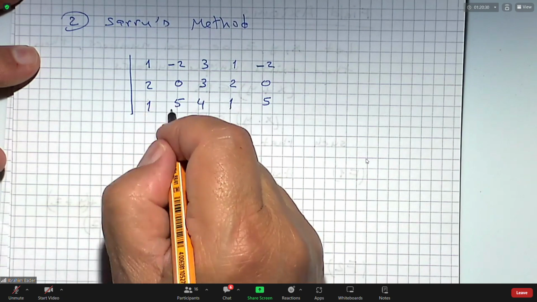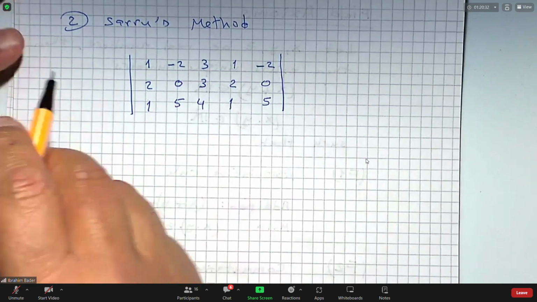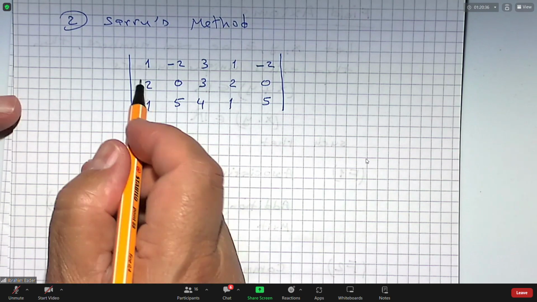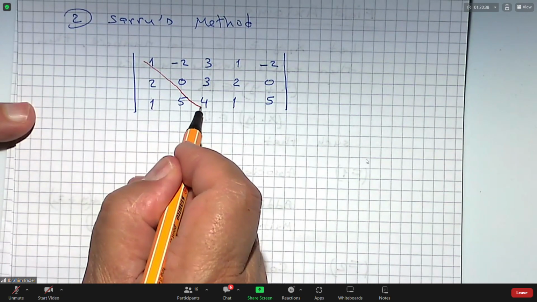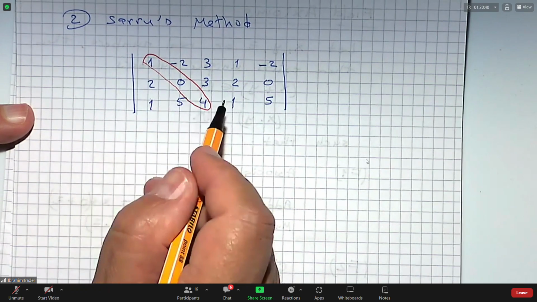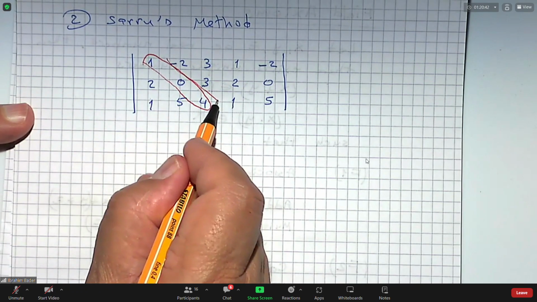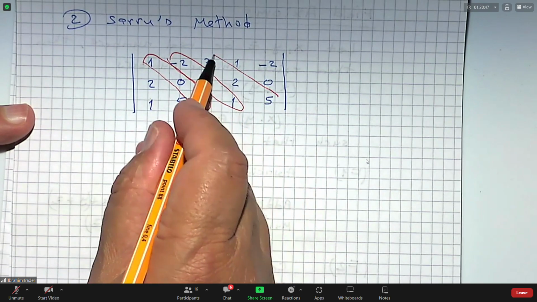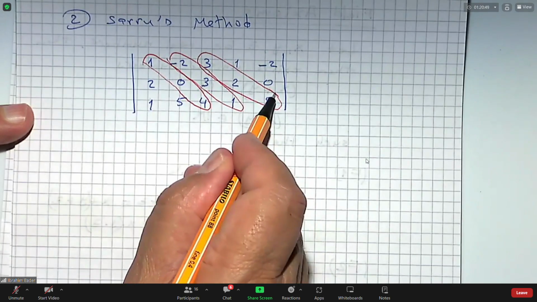This column and that column. Okay, now here, let's see the diagonals. So this is the first diagonal here. I multiply out these numbers, add them to multiplying out these numbers and adding them to multiplying out these numbers.